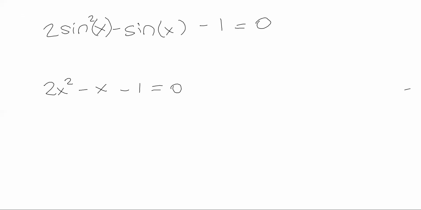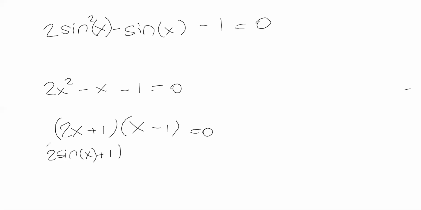I got 2x plus 1 times x minus 1 equals 0. And then we have to replace that with sine of x. So we want to set each of these factors equal to 0.